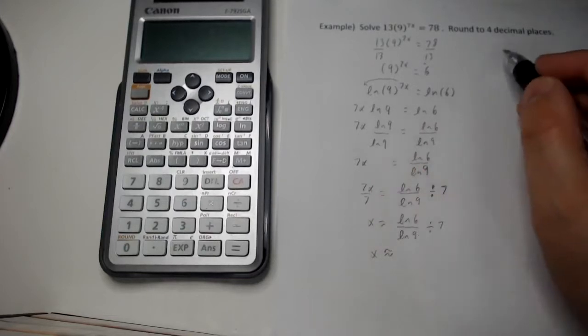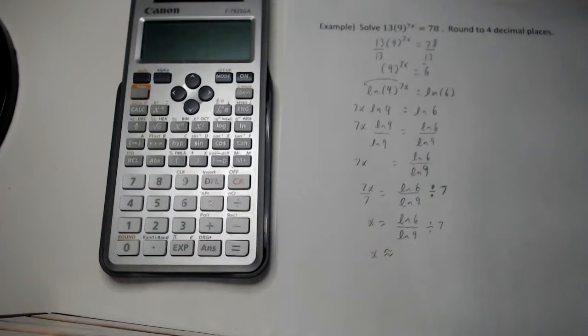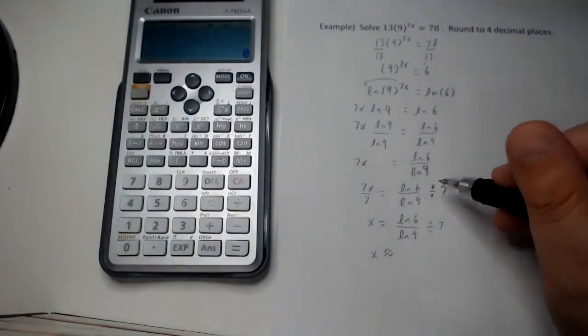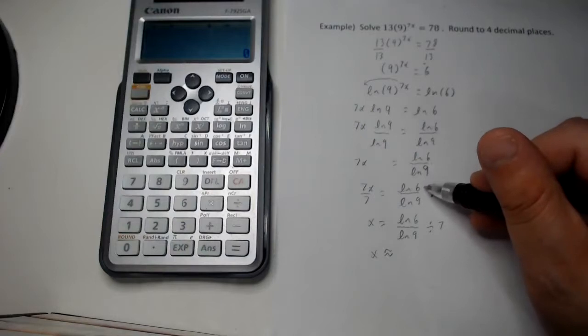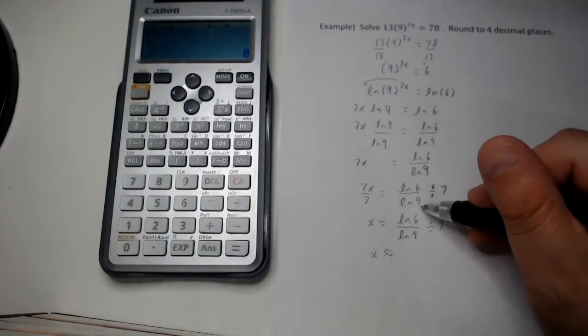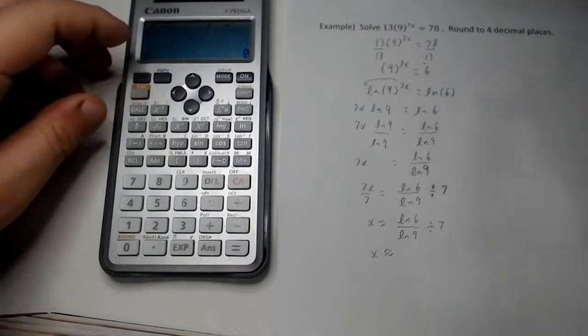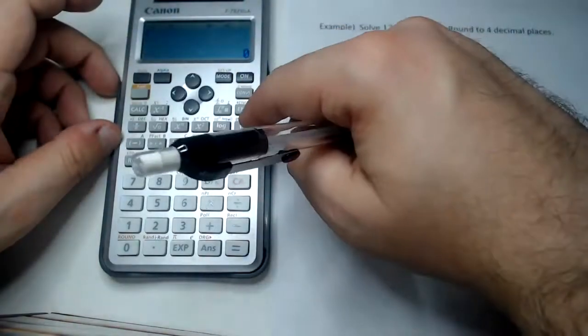It says round to 4 decimal places, so that's what I'm going to do. What I have to do is the natural log of 6, then divide by the natural log of 9, and then divide by 7. I'll do them one at a time.